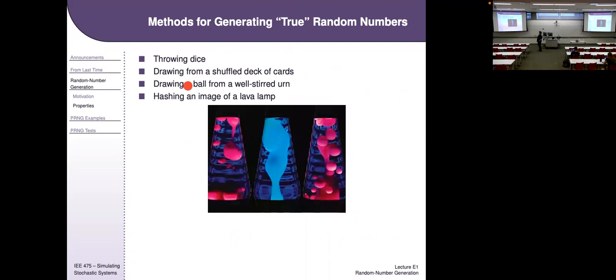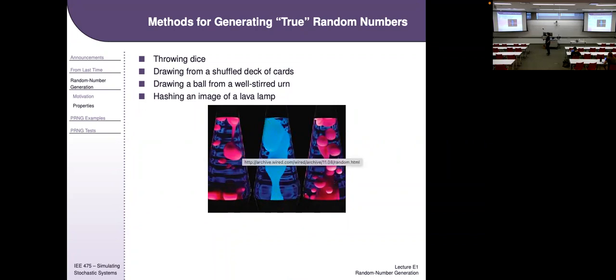There's even things like hashing of physical processes. So there are websites out there that have cameras fixed on lava lamps, and that generates a unique pattern. You can take all of the pixels of that and turn them into numbers, and then use a formula based on those numbers, and it will generate one number from every image, and that's referred to as a hash.